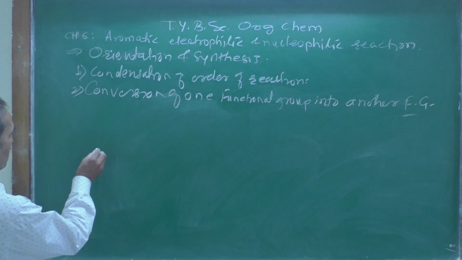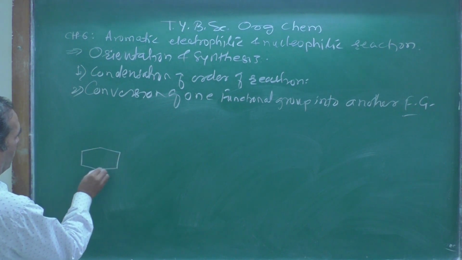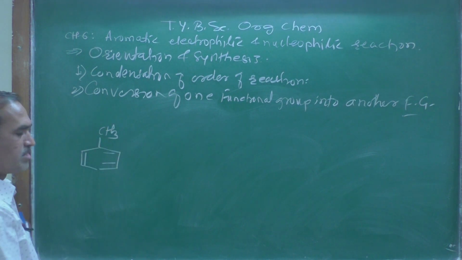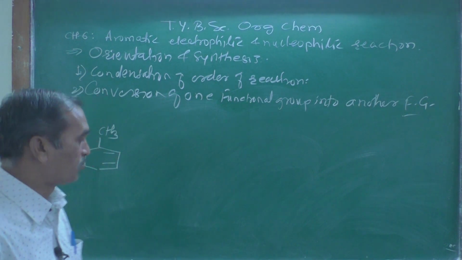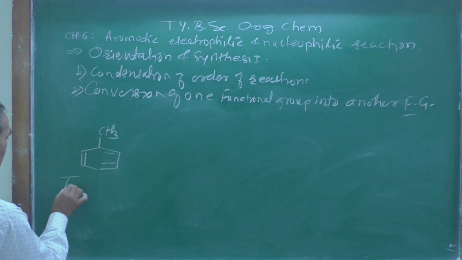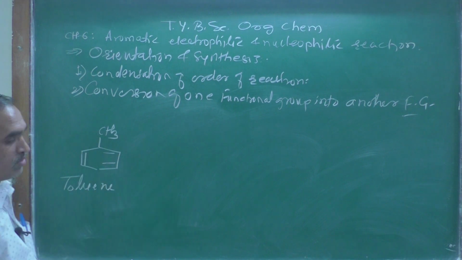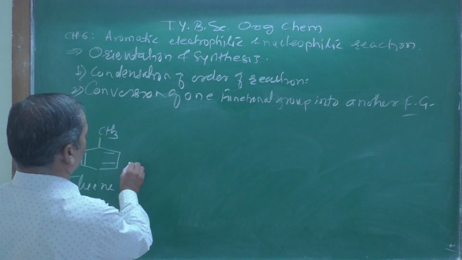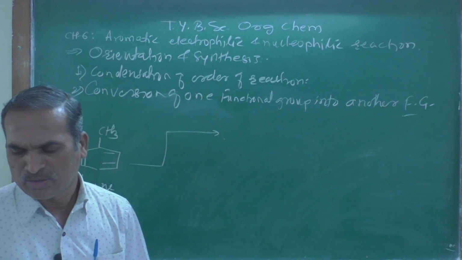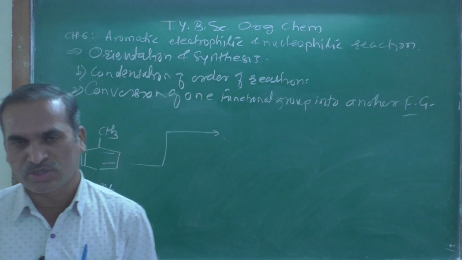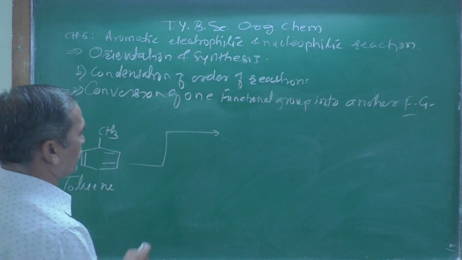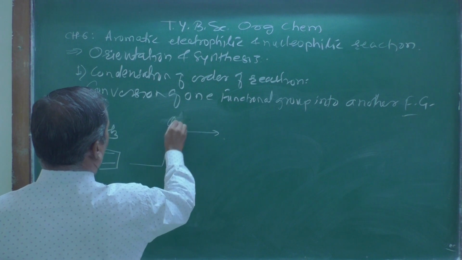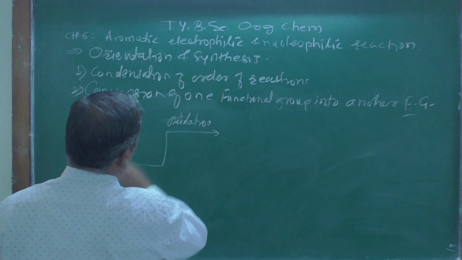Let us see, here the starting compound I am taking is this one. As we know, this is the molecule. Do you know the name of this molecule? Yes, the name of this molecule is toluene, right? If this toluene is first subjected to an oxidation reaction, then what are you going to get?